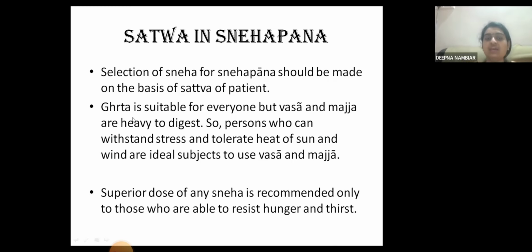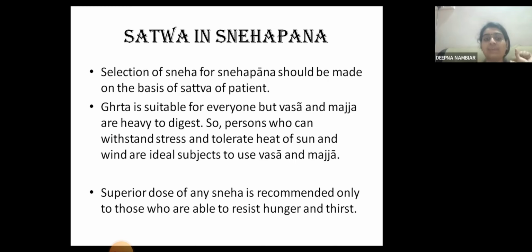Ghrita is somewhat more palatable; we can make the person take ghrita. But Snehapana with Vasa and Majja is too difficult. Even if we give a small amount of Vasa and Majja to a patient with less Sattva, he cannot have it, because ghrita and taila may be a little easier.